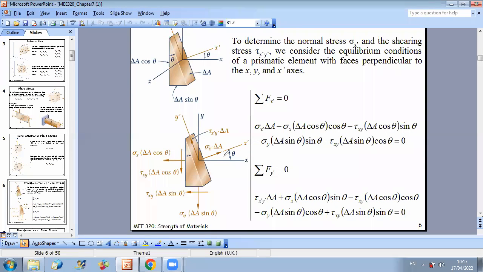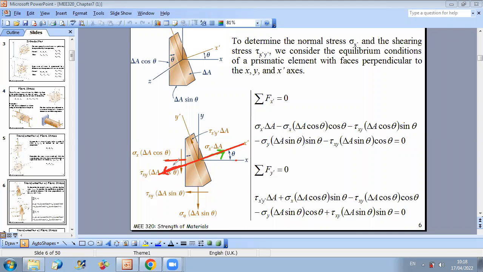You have first, of course, this force, sigma x prime times delta A. Now, for this force, you have to do projection. First, it's negative along x prime. So if I consider this is my x prime direction, if I project this force along x prime, I get a negative projection.